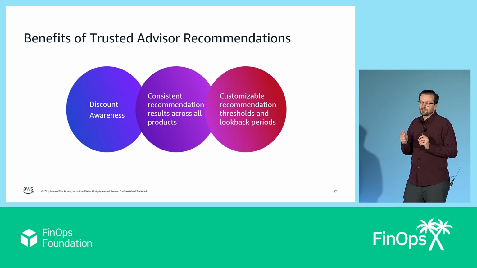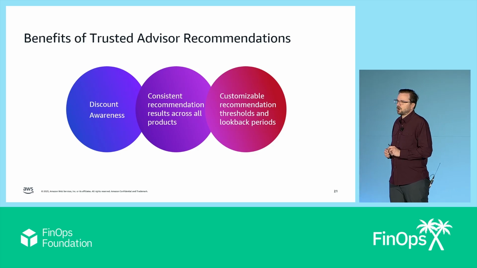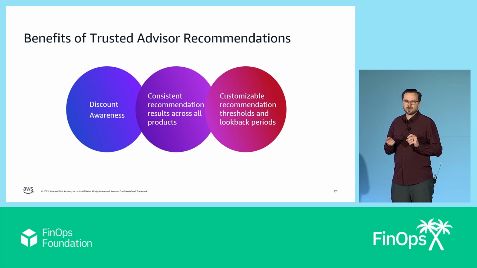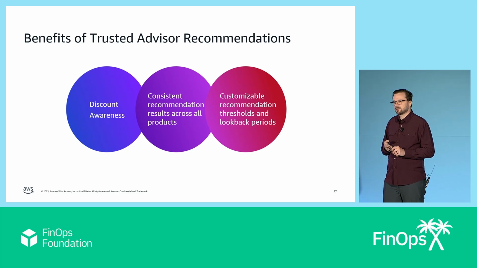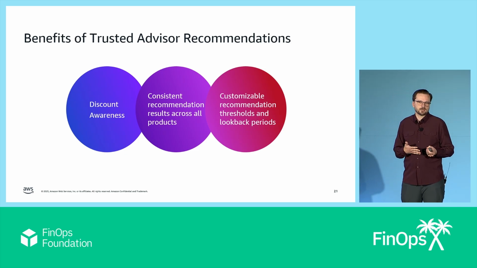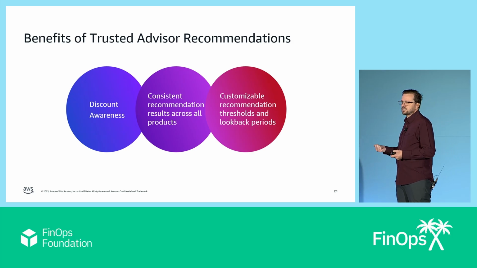Now, the benefit of these new 15 recommendations are if you have custom pricing or RIs and savings plans that might impact the cost structure of your resources that would change the recommendations, all of that awareness that you have today in Cost Optimization Hub will be reflected in the savings amounts that you see in those Trusted Advisor checks.